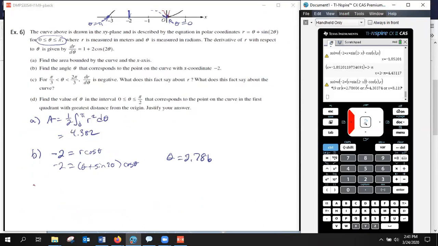So this means that the radius is decreasing when dr/d theta is less than 0. Since the radius is decreasing, the curve approaches the origin instead of moving away.